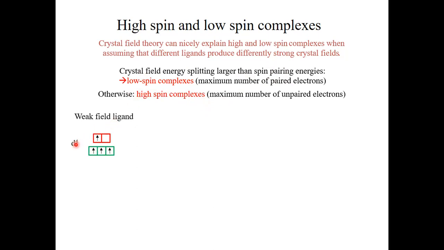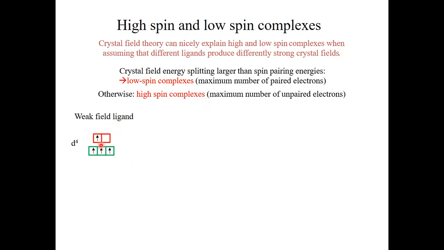So for instance, here in the d4 electron configuration, and assuming an octahedral complex, we would have 3 t2g orbitals and 2 eg orbitals. So we would have 4 electrons available.